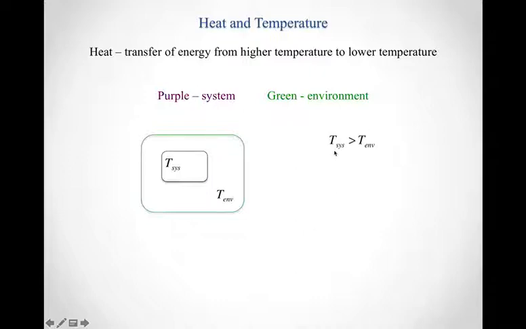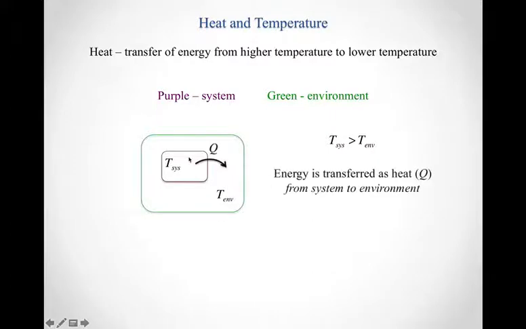If the temperature of the system is greater than the temperature of the environment, and energy can be transferred between the two of them, then the higher temperature system is going to transfer energy as heat into the lower temperature environment. So the energy will be transferred as heat from the system to the environment. That tells me that the value for Q for the system will be negative because the system is giving up energy as heat. Q for the environment will be positive because the environment's taking in energy as heat.